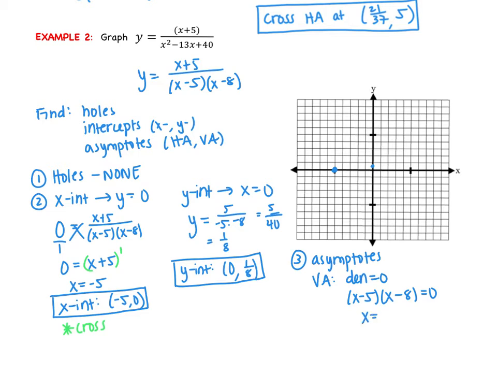That gives us values of 5 and 8. So we have two vertical asymptotes in this case. X equals 5 is right here. And x equals 8 is right here.